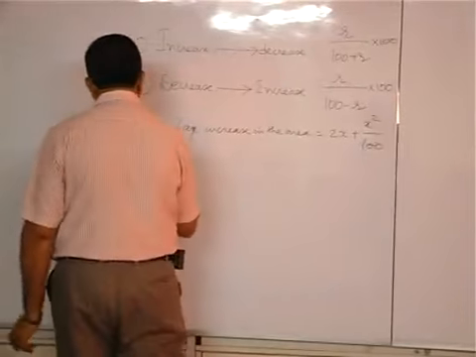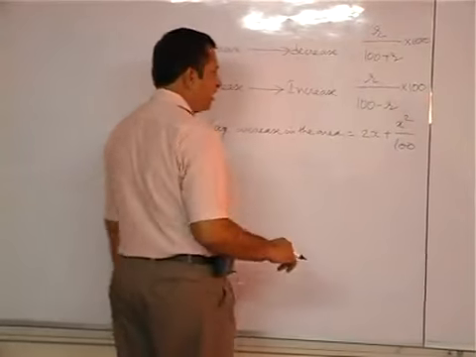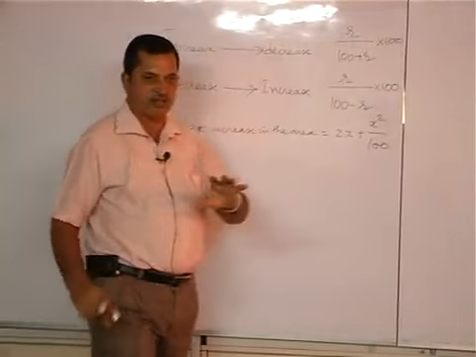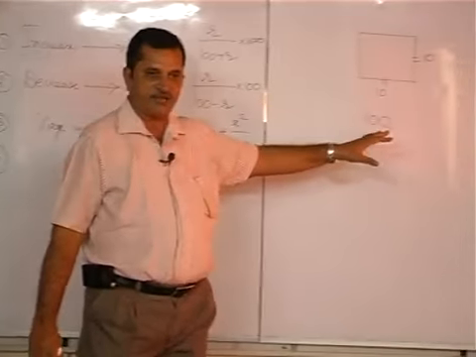Next. If the perimeter of a square, I have taken the standard diagram as square, but this is applicable to all the diagrams, okay?